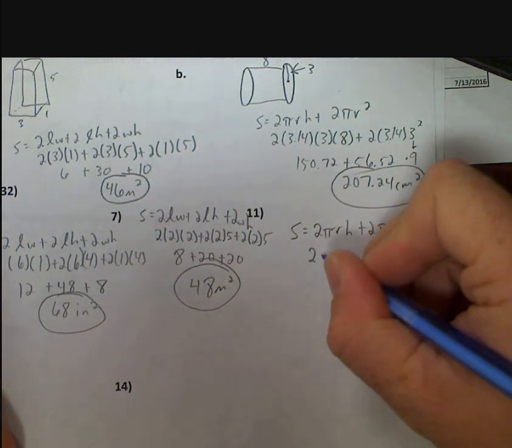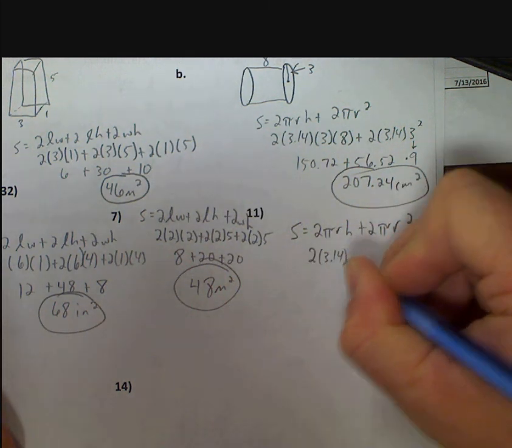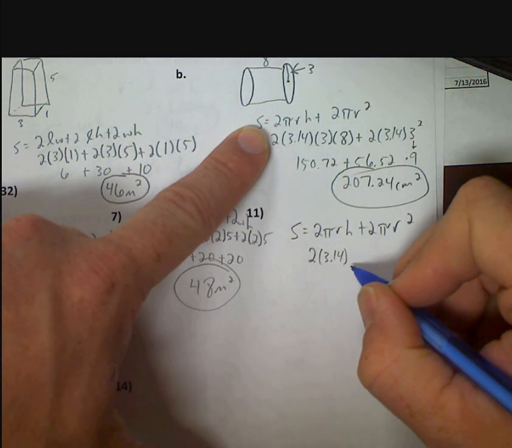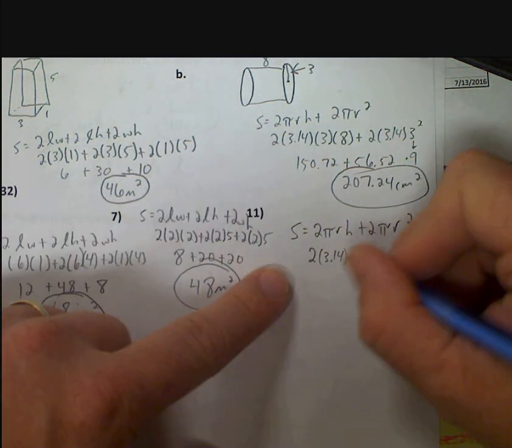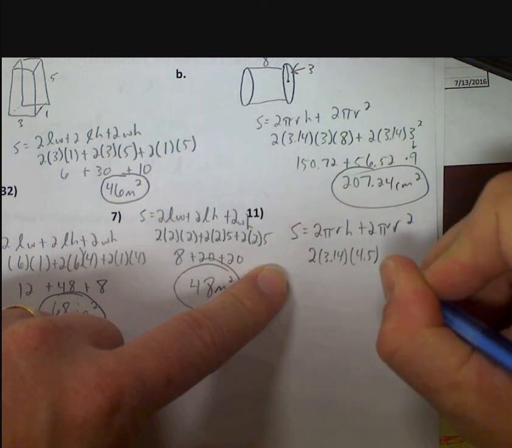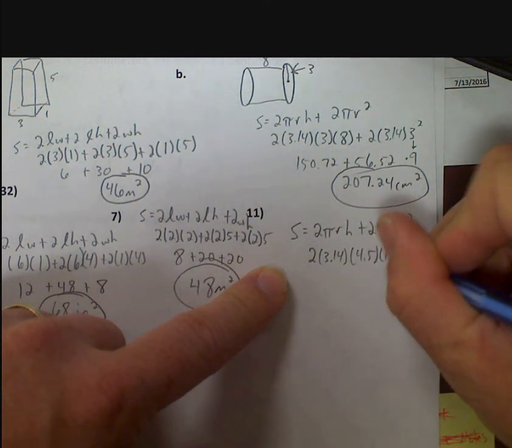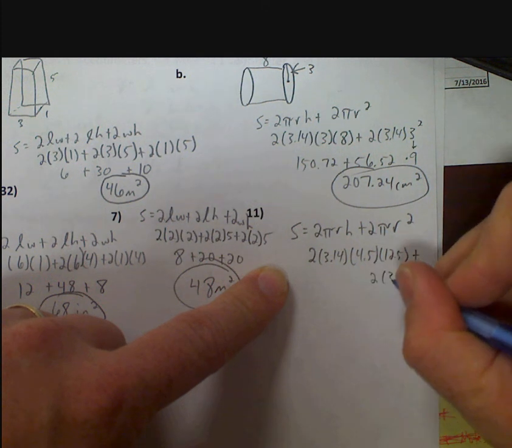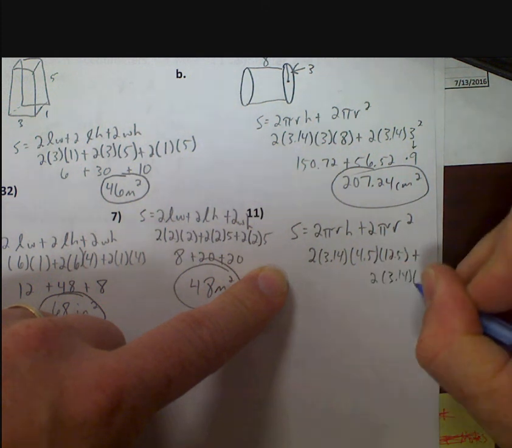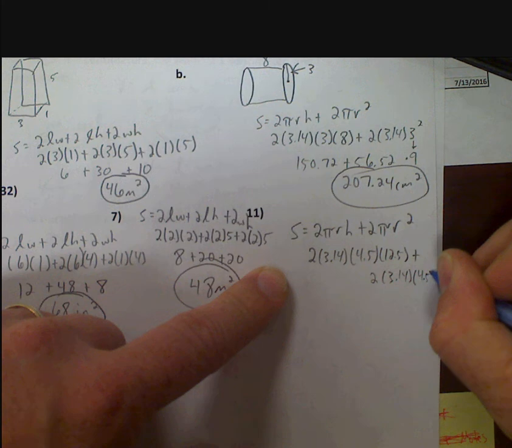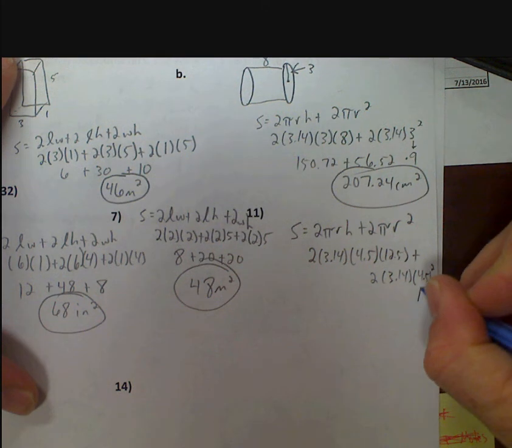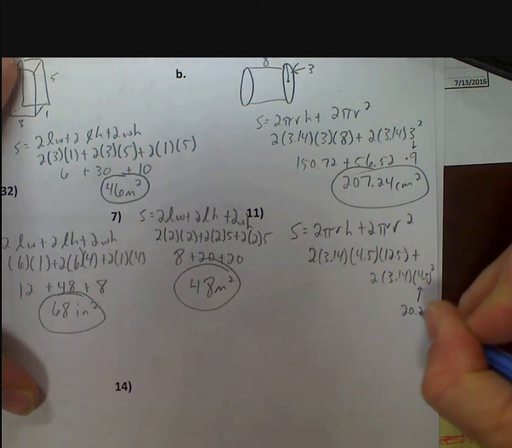So I have 2, 3.14, my radius is 4.5, my height is 12.5, plus 2 times 3.14 times my radius, 4.5 squared. So I need to take 4.5 squared first. 4.5 squared is 20.25. This becomes 20.25.